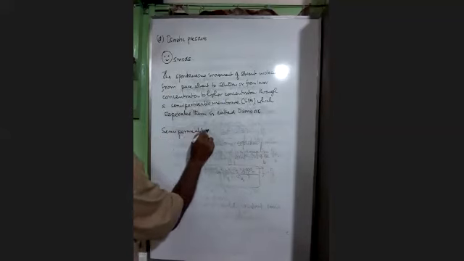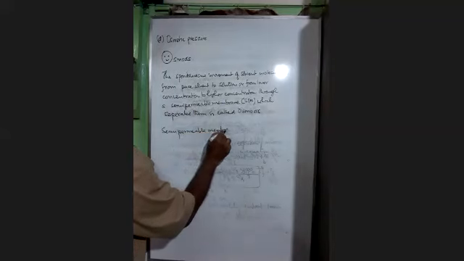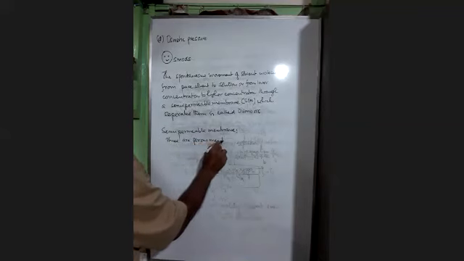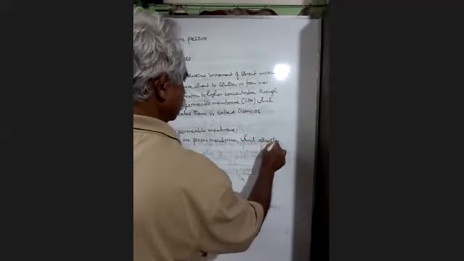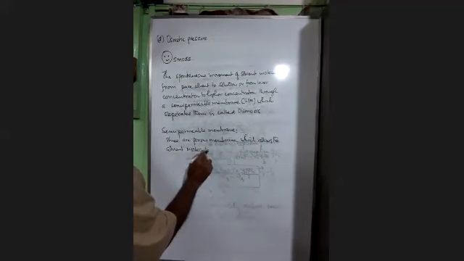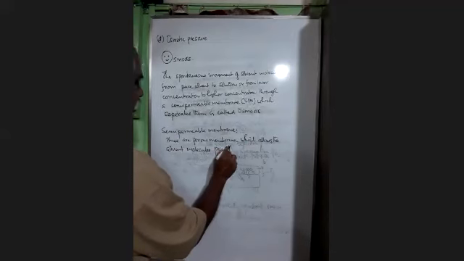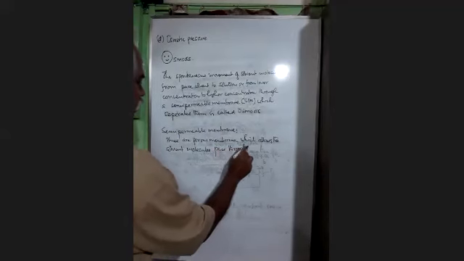Now, what is a semi-permeable membrane? These are porous membranes which allow only the solvent molecules to pass through. I'll give you the example.